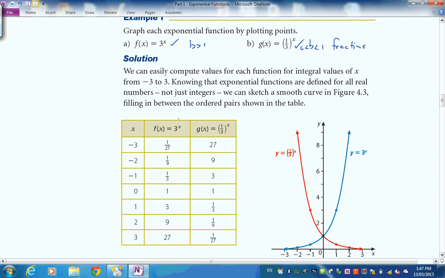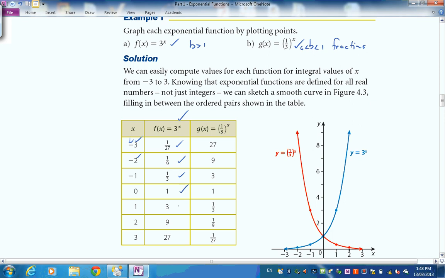If we look at 3 to the x, 3 to the neg 3 is 1 on 3 cubed, because a negative power means 1 over, so it's 1 on 27. Then 3 to the neg 2 is 1 on 3 squared, a ninth, and so on. 3 to the naught, b to the naught is 1, as long as b is not itself naught.